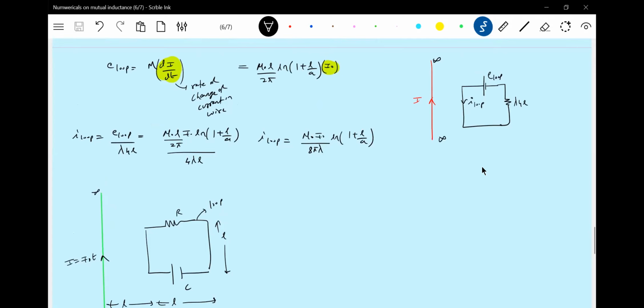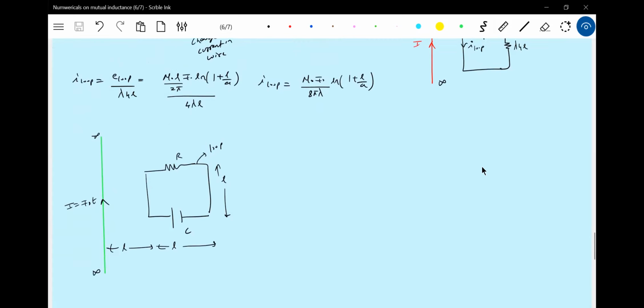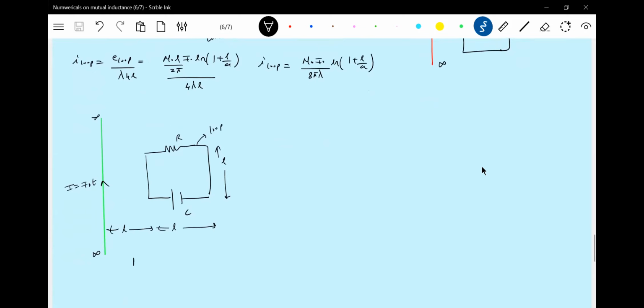This particular formula, EMF induced in the loop, M di by dt. I think this will become log 2. EMF induced in the loop should be equal to log 2. So what will the equivalent circuit be?